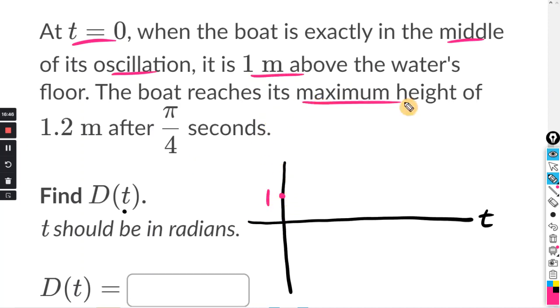And then it heads to the max at 1.2. So it's going to go up to the max, like so. All right, so it says the maximum is 1.2. So up here, this is going to be 1.2. All right, so basically I went from average to max and then just kept drawing the function. So clearly this is a positive sine function.